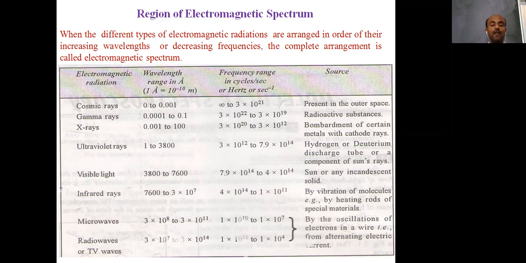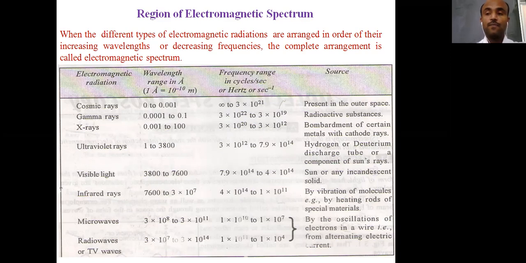The energy of infrared rays is slightly less than visible, and when infrared rays are used, the molecules show vibrations. It is produced by the heating of a rod of some special material. We will discuss the source in the later part of this presentation.